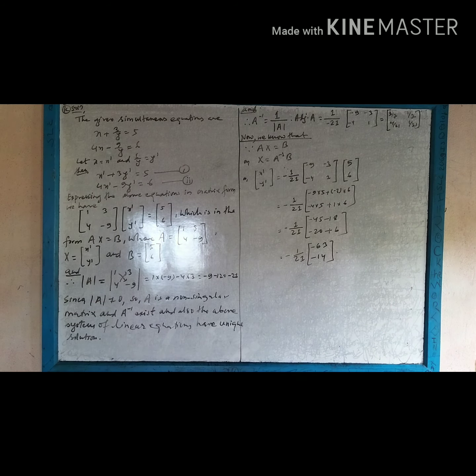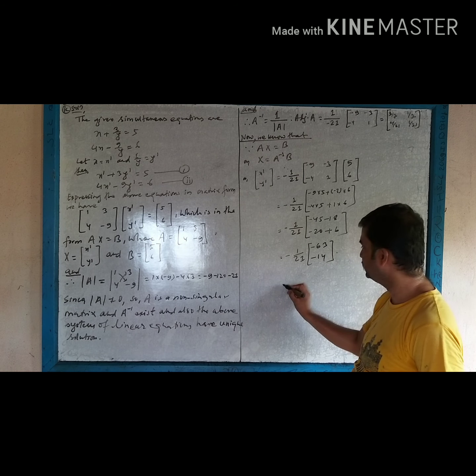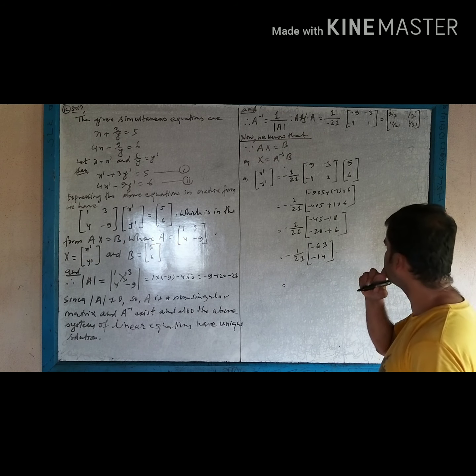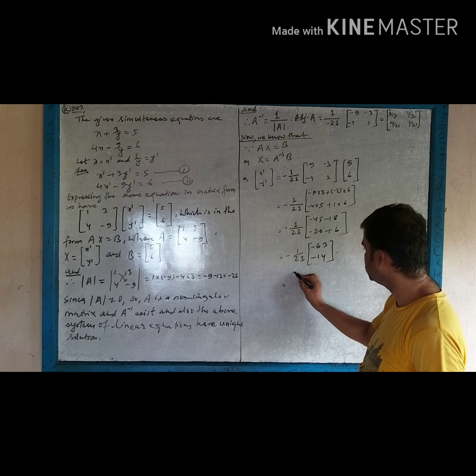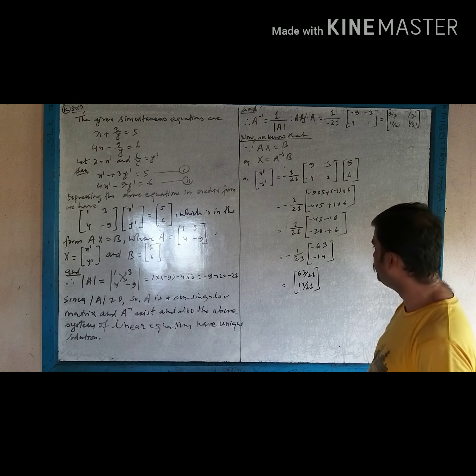Okay. Now this goes inside, minus minus becomes plus. Both are minus, so it becomes plus. One value is 63 by 21, another is 14 by 21.